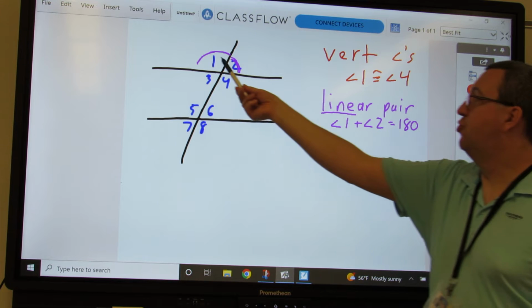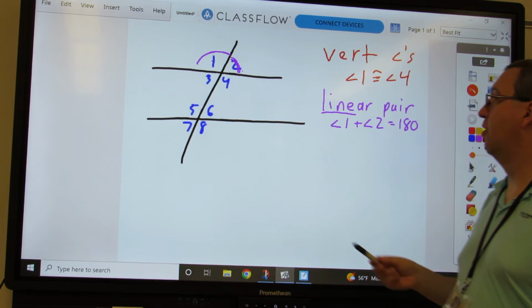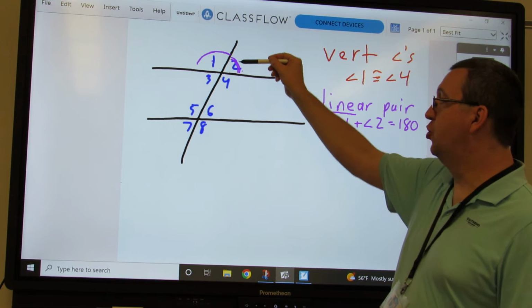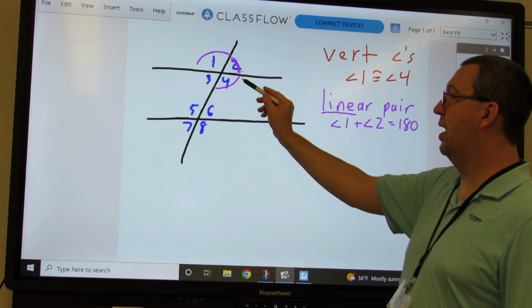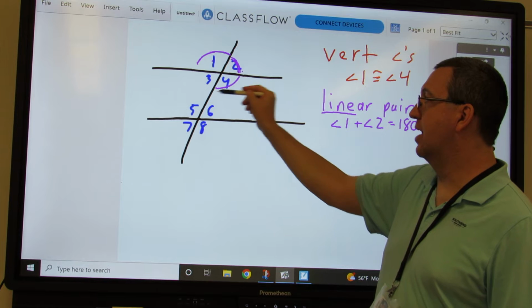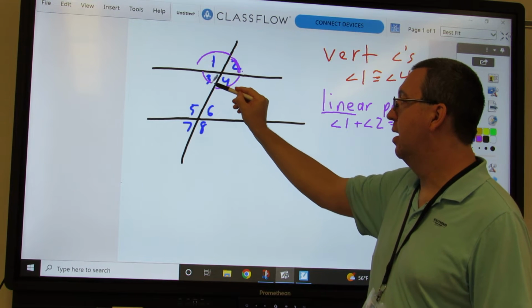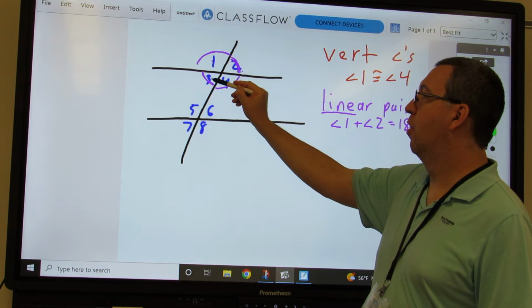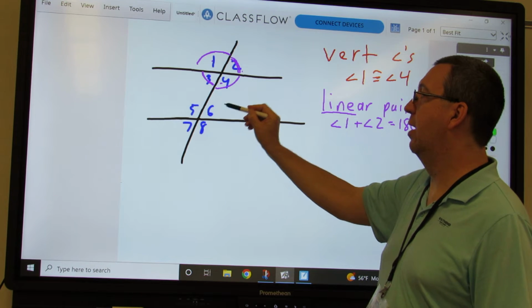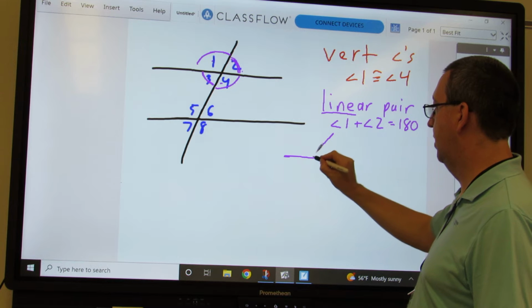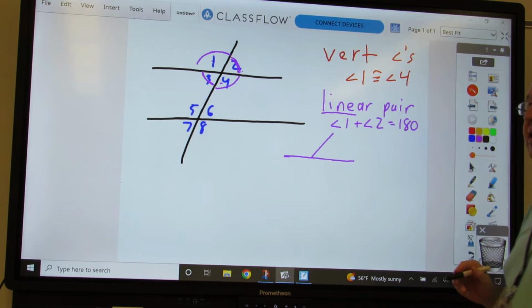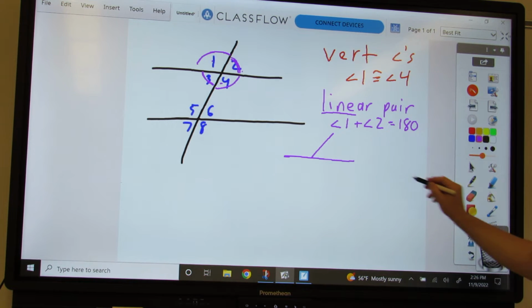Another example of that would be 2 and 4. 2 and 4 make a linear pair this way, and I can go all the way around. 4 and 3 would be a linear pair, 3 and 1 would be a linear pair. So you're looking for two angles that make a straight line. That is our linear pair.